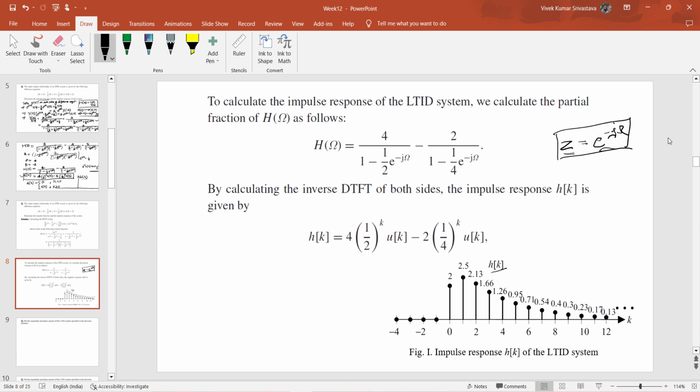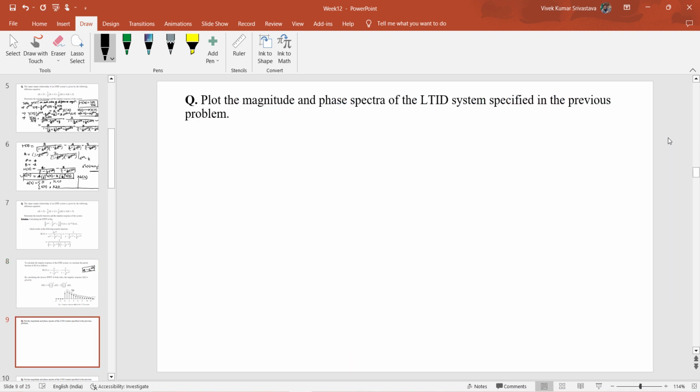Okay, so any doubt in this problem? Let us move ahead. The next problem states: plot the magnitude and phase spectra of the linear time invariant discrete time system specified in the previous problem.